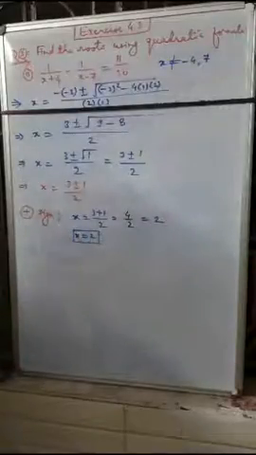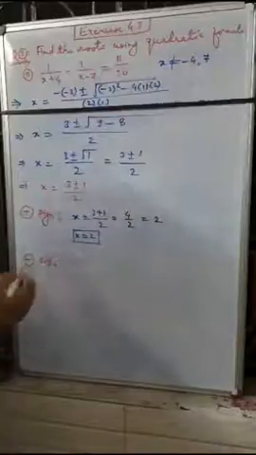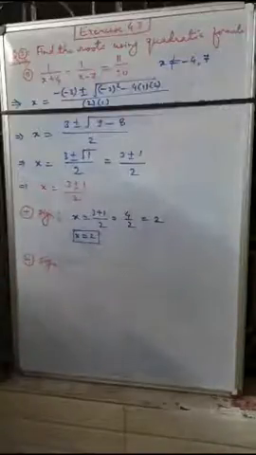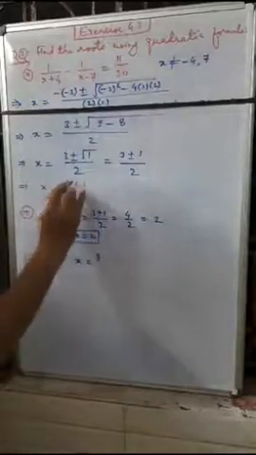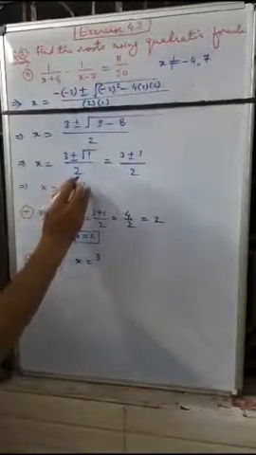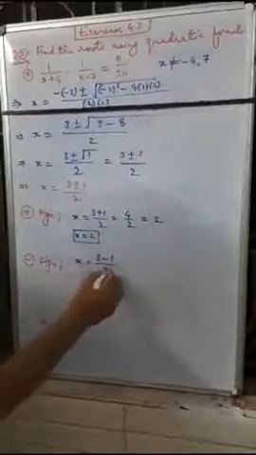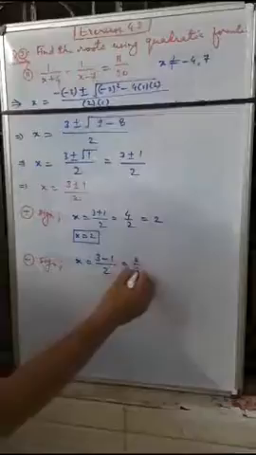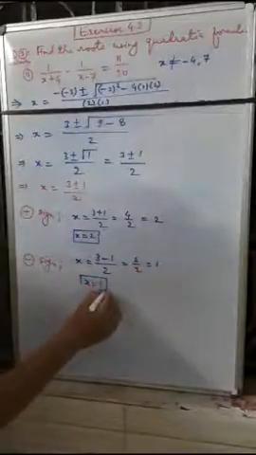Now if we take the minus sign, we will get x is equal to 3 minus 1 by 2, so 2 by 2 is equal to 1. So another value of x is equal to 1.